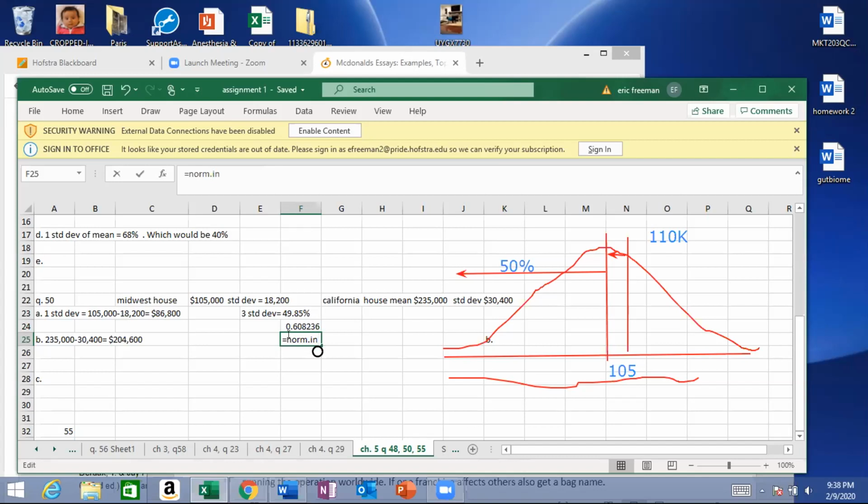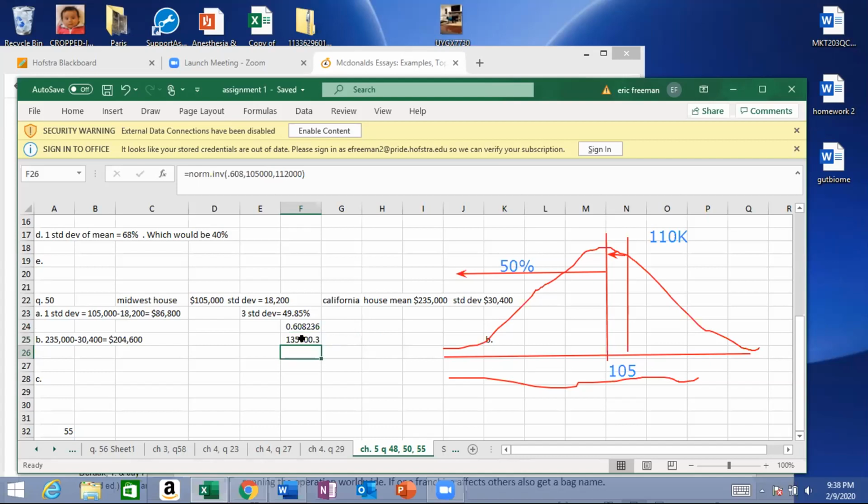INV, yep, that stands for inverse. 0.608, comma, put in the mean and the standard deviation. 105,000, comma, 112,000. We should get a number close to 110,000. That would be the number at which 60% or 60.8% of the houses fall below. Close parenthesis. Enter. No true on that. Not for the INV, no.